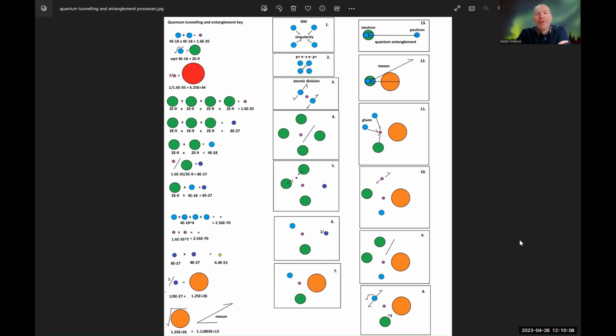So let's just step through a few of the various aspects of the tunneling system, just to get an idea of the framework that I'm using, because I'm not using quantum mechanics.